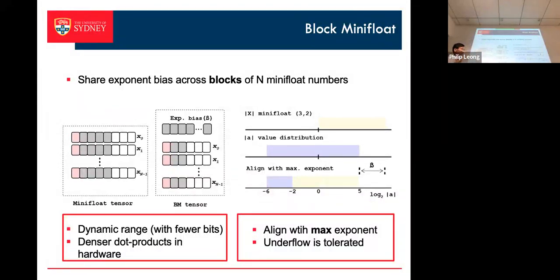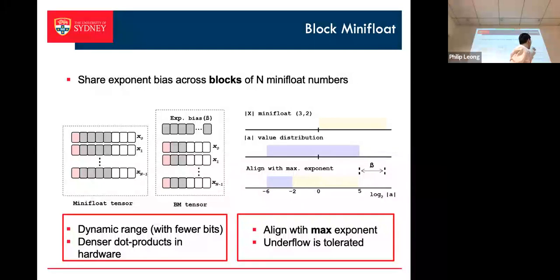Now, the main design decision that arises when you use block Minifloats is, suppose you have this Minifloat, it can only represent a relatively small range of numbers, which is in yellow.